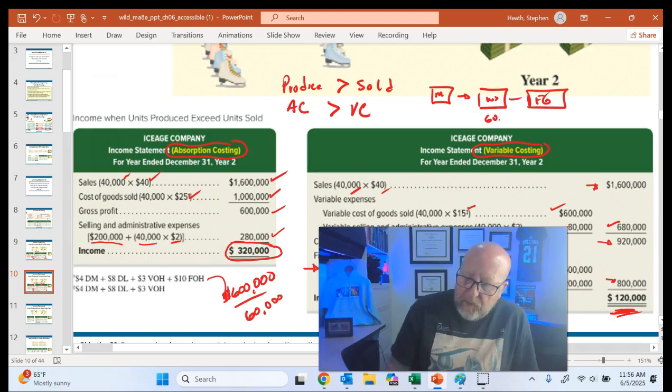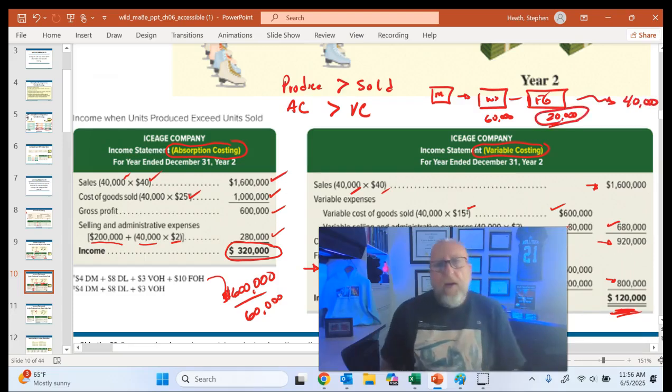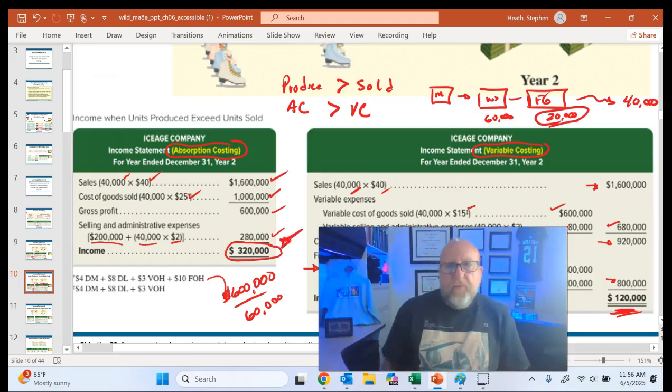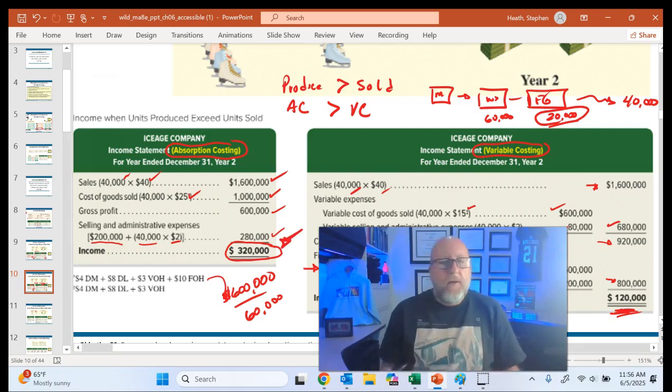We produced 60,000 units. However, 20,000 remain in finished goods, and then we sold 40,000. And so fixed manufacturing overhead is sitting in finished goods in this example. And therefore, since we didn't recognize all of the fixed overhead, our income is slightly higher.